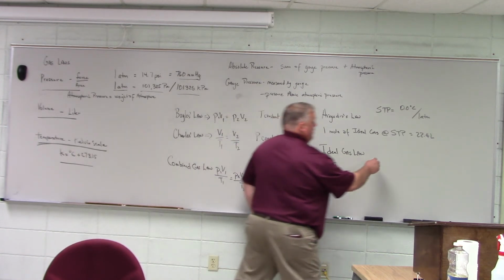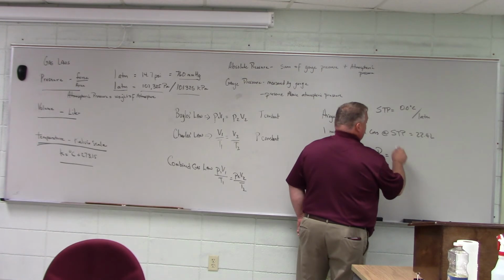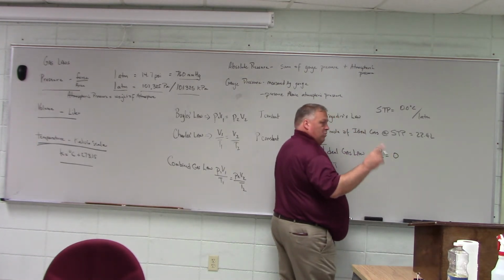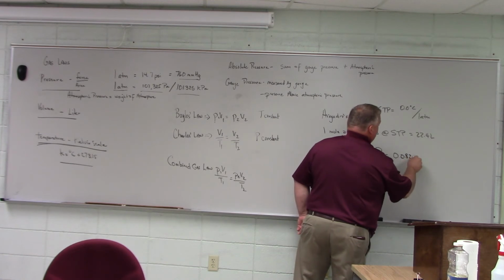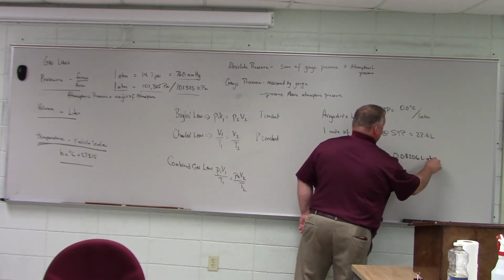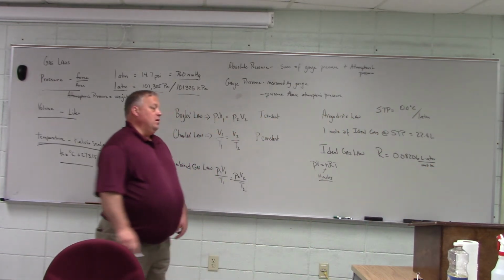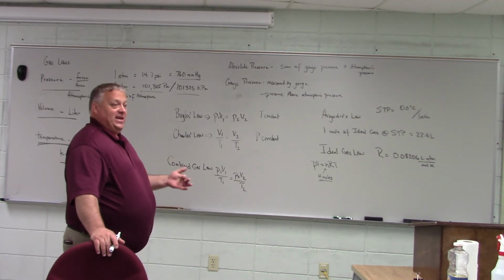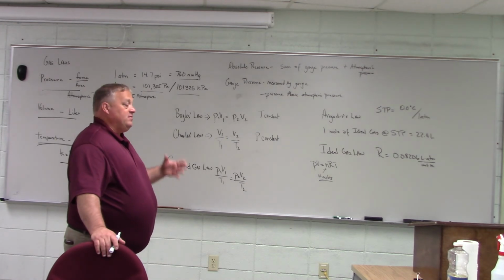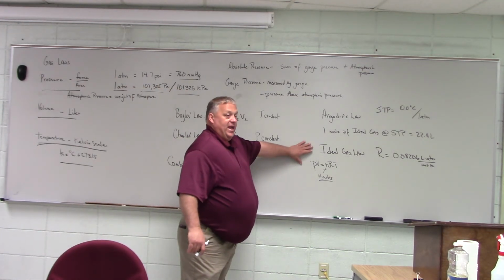R is the gas law constant. R is always equal to, in Chem 1 when we're working gas law questions, 0.08206 liters atmospheres per mole Kelvin. So you've got 4 variables there, P, V, n, and T: pressure, volume, the number of moles, and temperature would give you the ideal gas law to use.